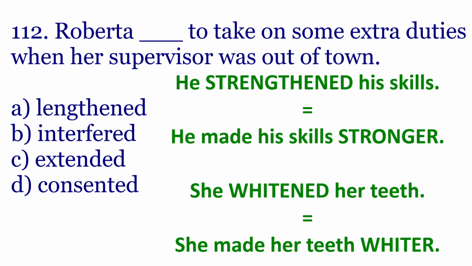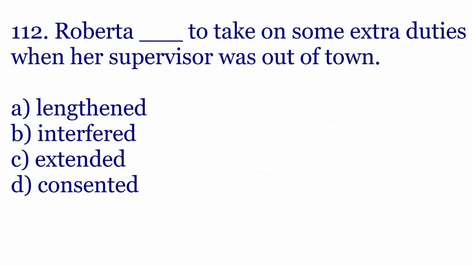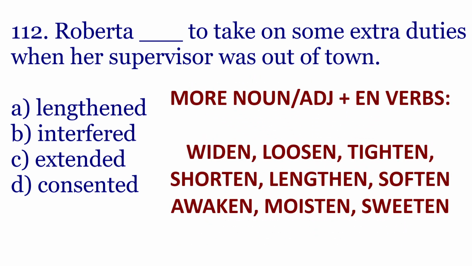So, strengthen means make stronger. So, he made his skills stronger. Another example, she whitened her teeth. She made her teeth whiter. Here are some more examples of these words where you have adjective or noun plus en to equal a verb, and they mean make it more of that.